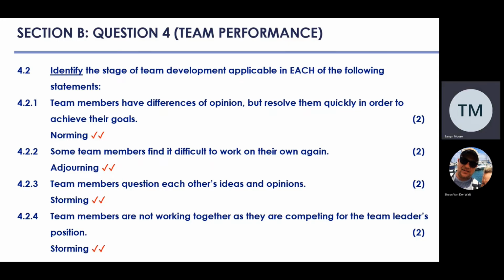Remember, it is the storming phase where the conflict takes place. People are not wanting to work together because they are jostling, they are climbing for the leader's position. They want to be the leader. So guess what? There's going to be more than one individual that wants to be the leader, and it's going to create that conflict. So therefore, it is known as the storming stage.